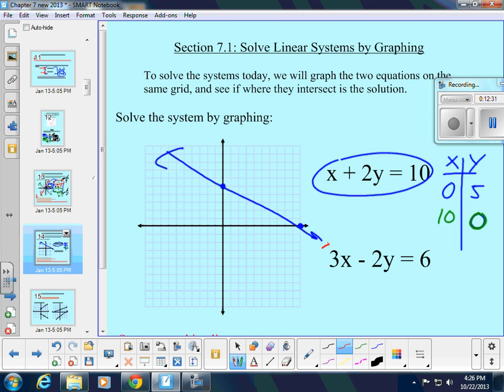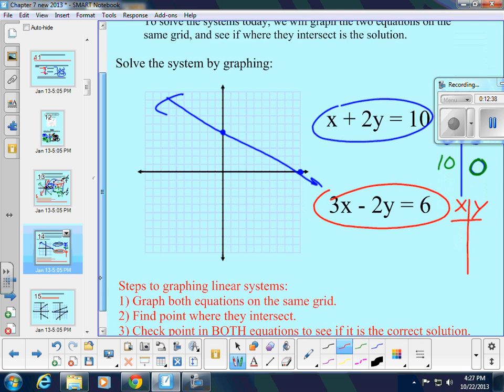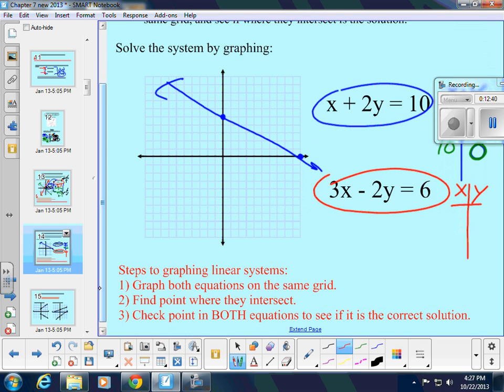Then the second equation, I'm going to use intercepts for this one as well. This one I'll just do all red. And again, there are those steps if that helps you. Graph both equations on the same grid. I'm doing that right now. I'm graphing the second one. If I put in 0 for x, that cancels this term out, so I have -2y is equal to 6 left. Divide both sides by -2, I get -3 for my y-intercept.